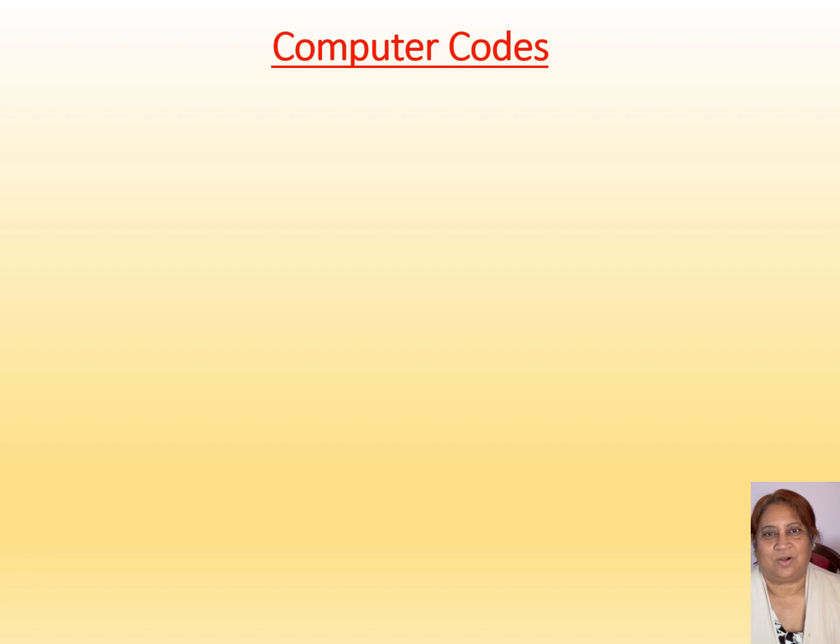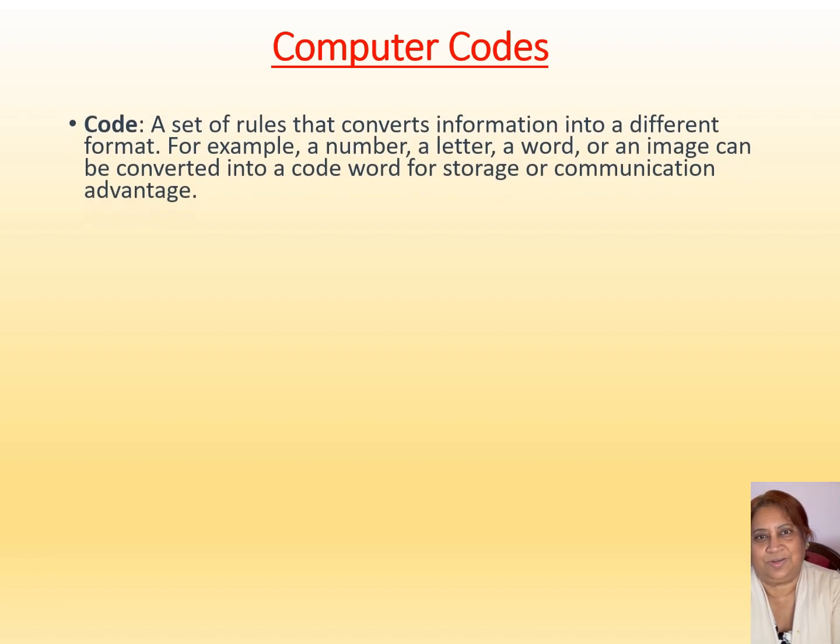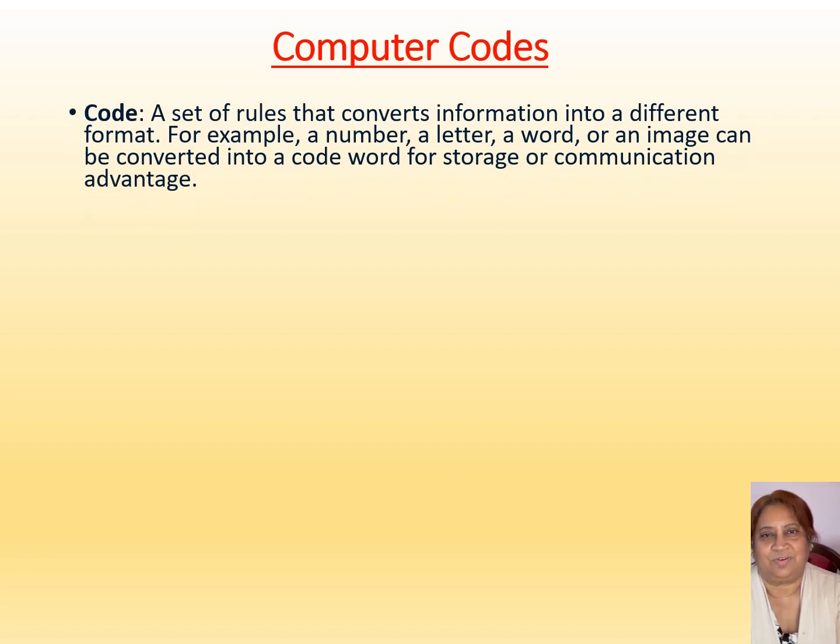So let's dive in. First, we are going to see few definition. What is a code? It is a set of rules that will transform or convert some information in original form into another format. And why it will be converting?